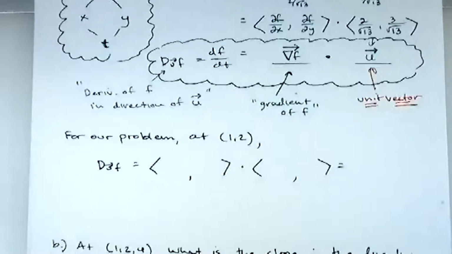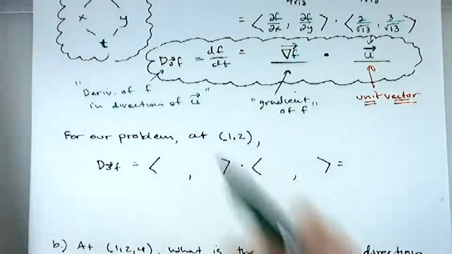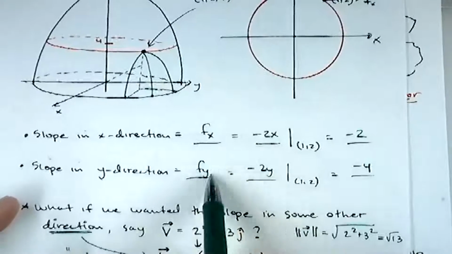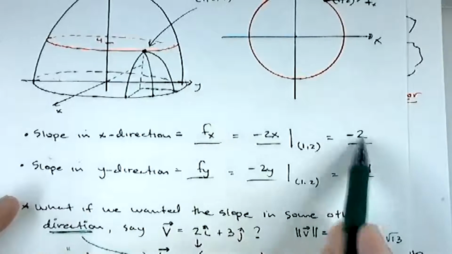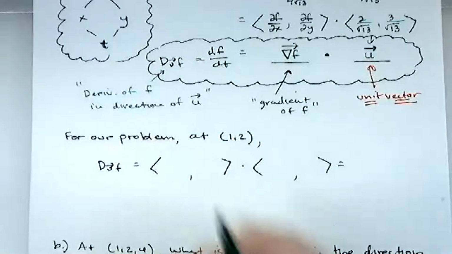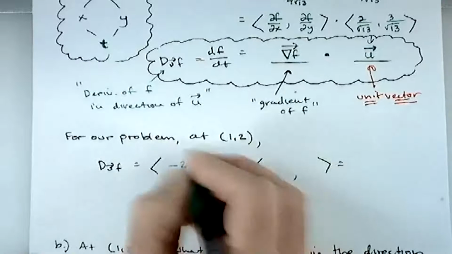We can pick any direction. So for our problem, we actually already worked out, if you think about it, our gradient vector is made up of our two partial derivatives evaluated at our particular point. And we already did that. We got -2, -4. At (1, 2), our gradient vector is (-2, -4). This was our gradient.